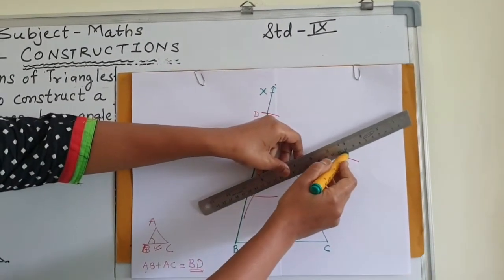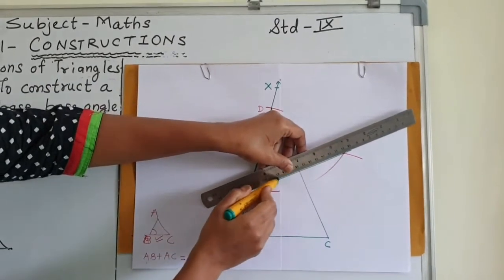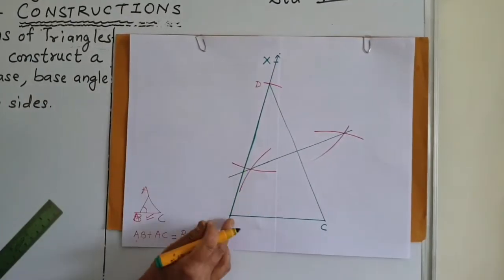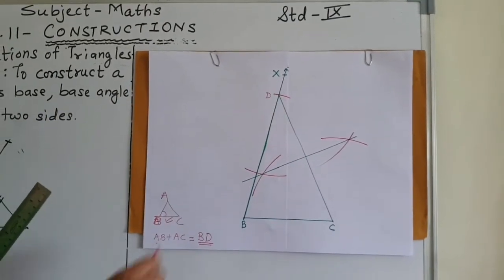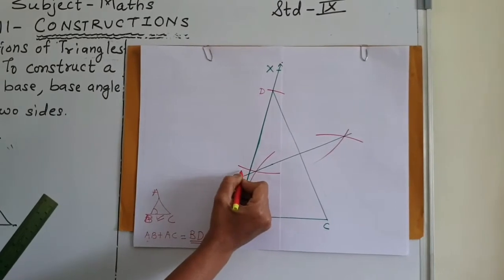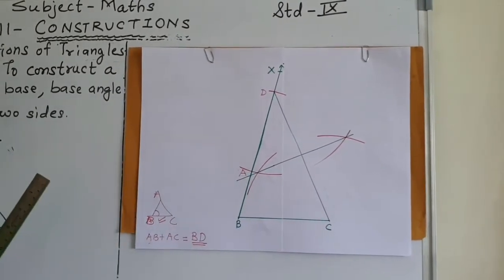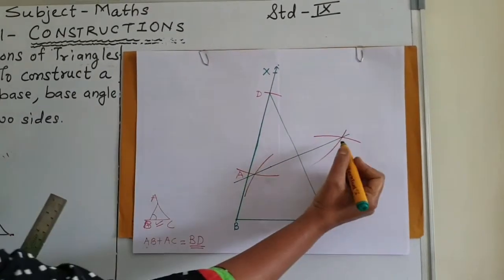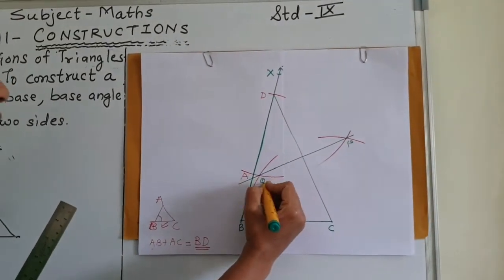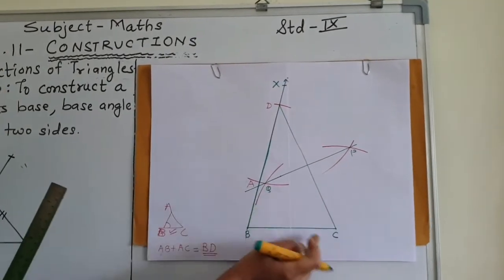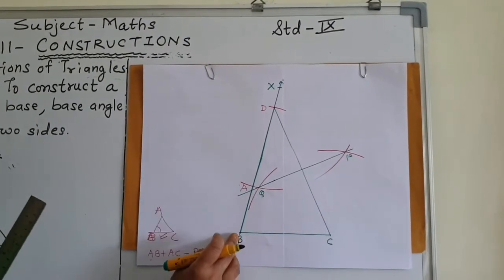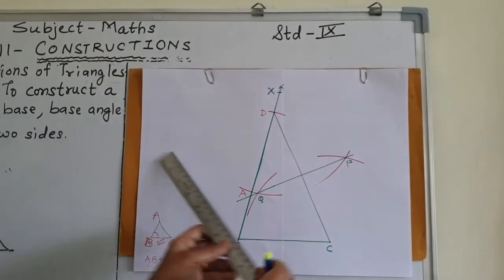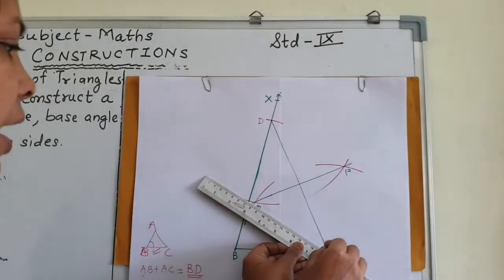This PQ, the perpendicular bisector of CD, is cutting BD at point A. Then join AC.